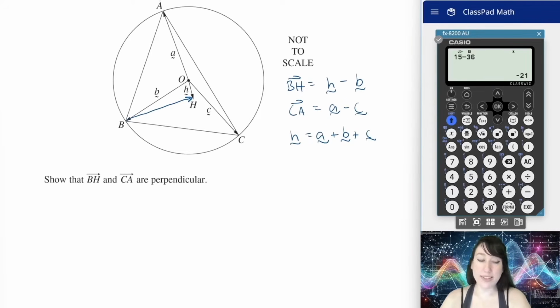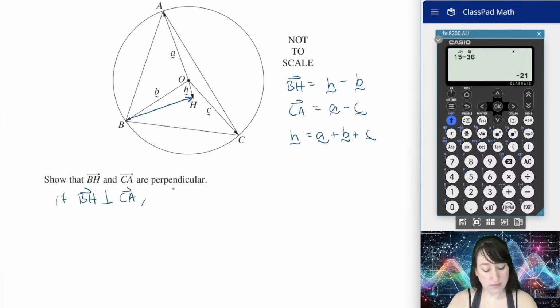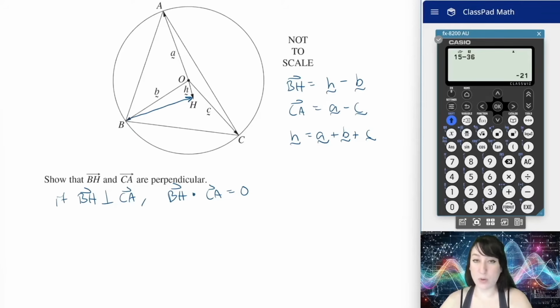Now, what is it for two vectors to be perpendicular? Well, for one, we know that their dot product would be 0. Now, we don't have much to work with in terms of calculating dot products, but we could see what happens in the algebra of dot products.